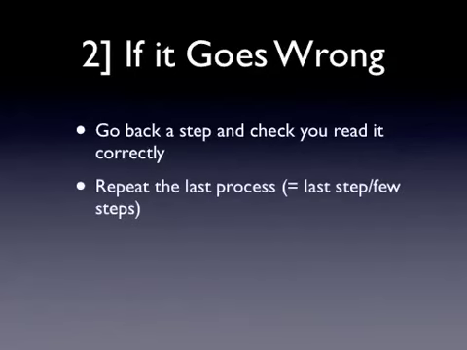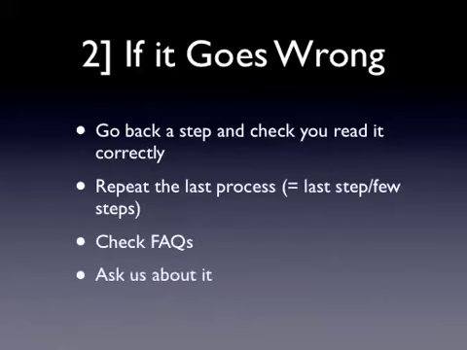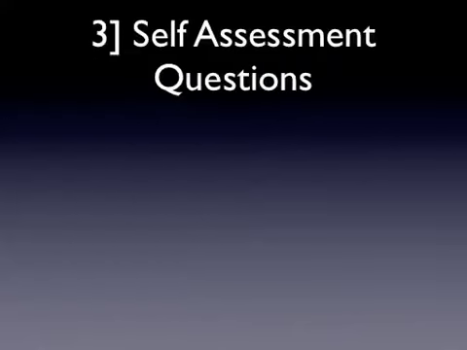If you don't find an obvious error, go back and repeat the last process, the last few steps or the last step, depending on the context, and repeat that. Then go ahead and check the FAQs on Blackboard, and if you still can't find out what went wrong and why it isn't working, then it's time to ask us on the forums.